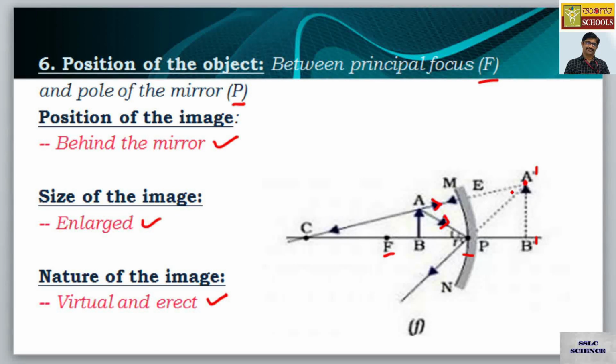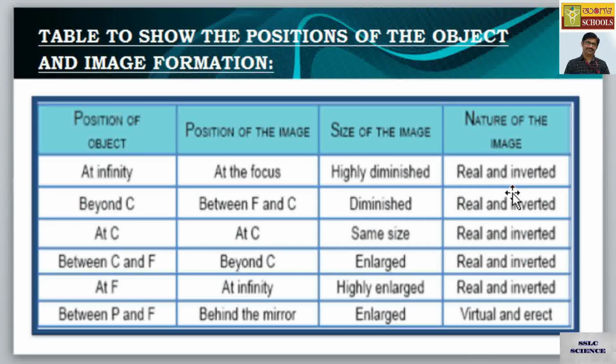So this is how the image formation takes place in a concave mirror. Okay. So you can show this using a table, the positions of the object and the image formation, size and nature respectively.